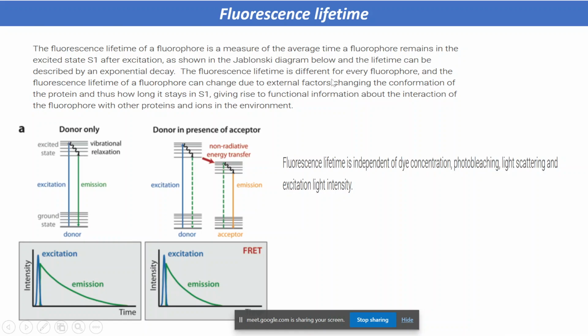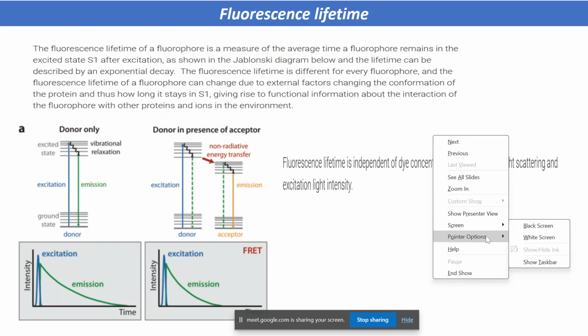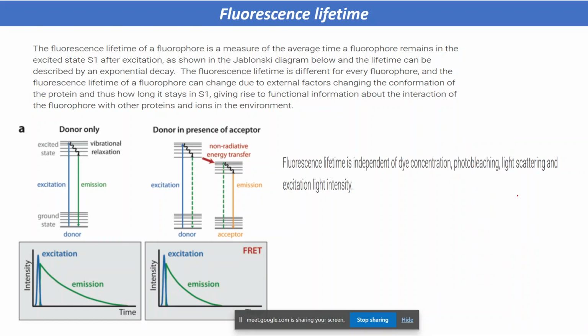Sometimes it is also called fading. In simple terms, it is a photochemical alteration by which the molecule is unable to fluoresce permanently. That is called photobleaching.